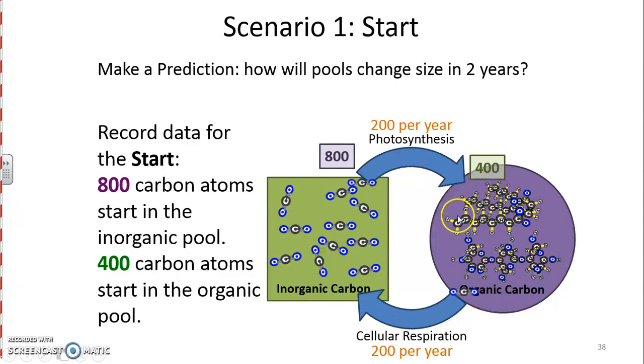Let's say that in this ecosystem, plants and animals are also producing carbon dioxide. So if you just looked at the organic matter, you have a positive flux, we're pumping carbons in. We also have a negative flux, we're pumping carbons out.